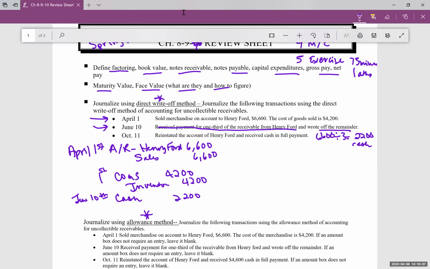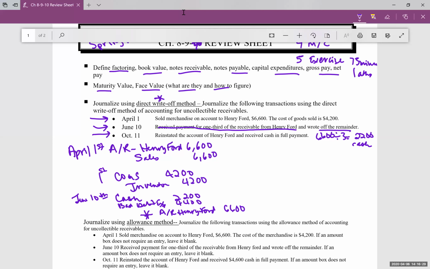That's the debit. The rest is written off to bad debt expense, which is 4,400. And then the credit goes to AR Henry Ford, total 6,600. That's the June 10th journal entry.